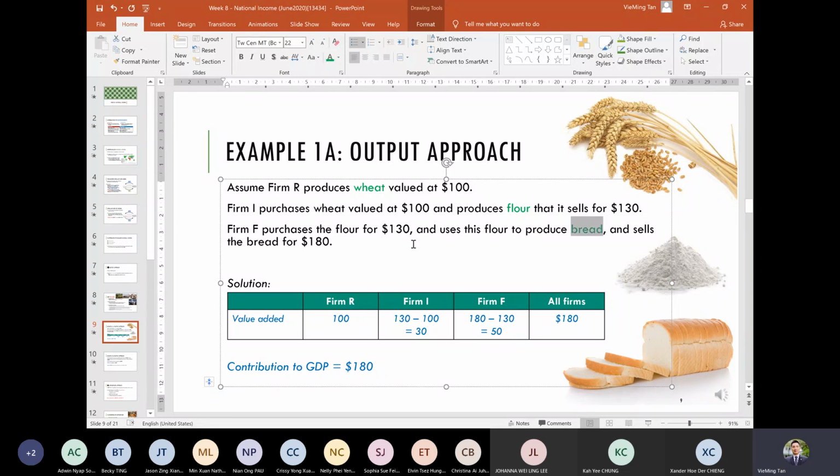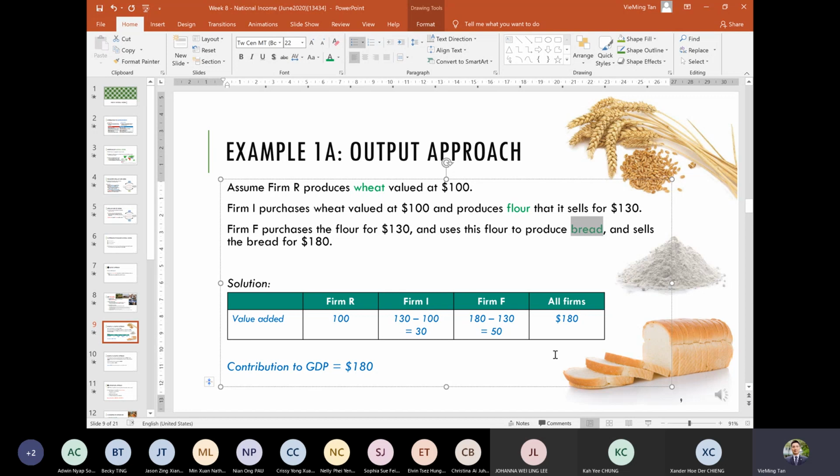But you may find that the final good is bread, because the resources used to produce the bread are wheat and flour. So bread is the final product, and wheat and flour are considered intermediate goods used to produce the final good. So we should only include the final value of bread in the GDP calculation.